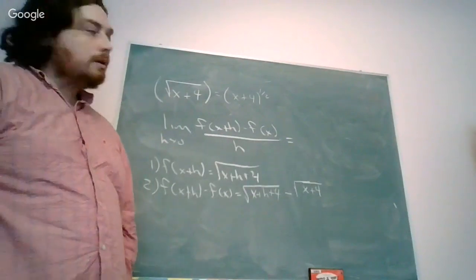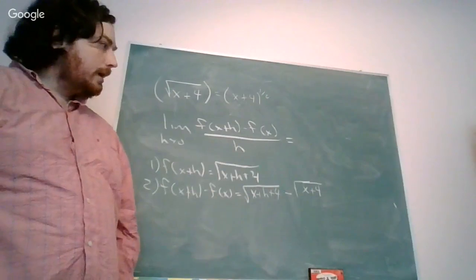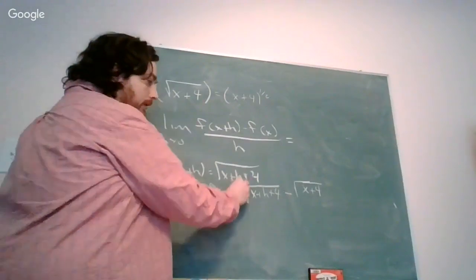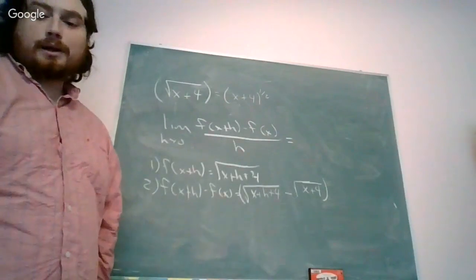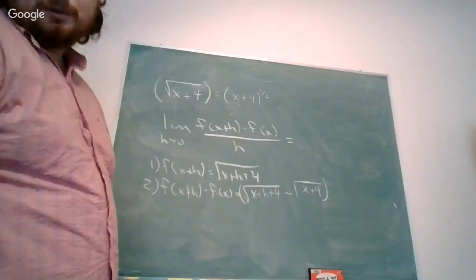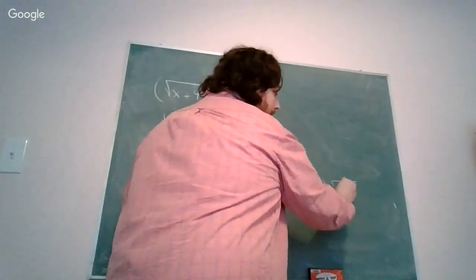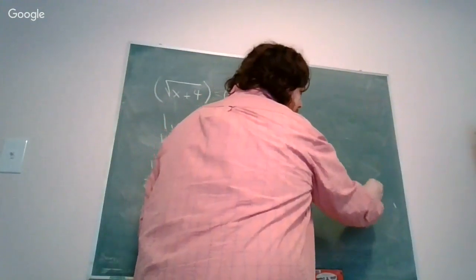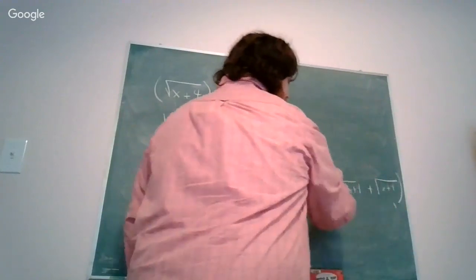Now, it doesn't look like we can do much here to simplify because we can't directly combine terms. But remember that the trick for square roots is multiplying by the conjugate. So we multiply by the exact same thing we have up here, but instead of the minus in between them, I'm going to put a plus.